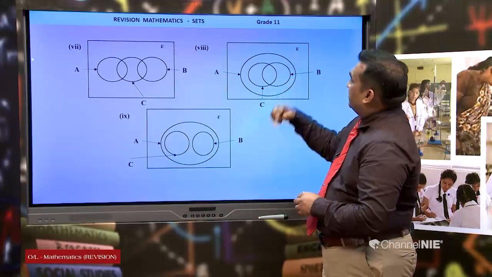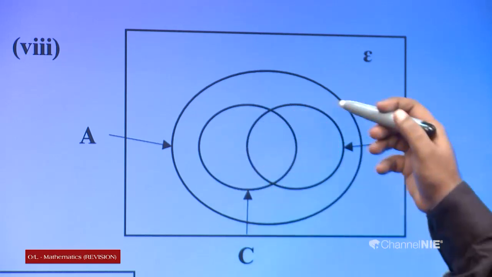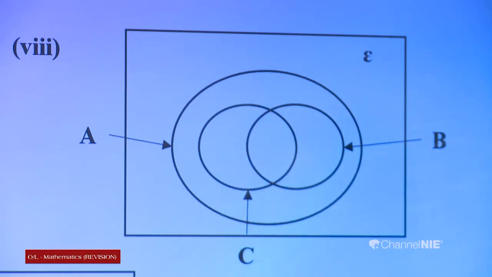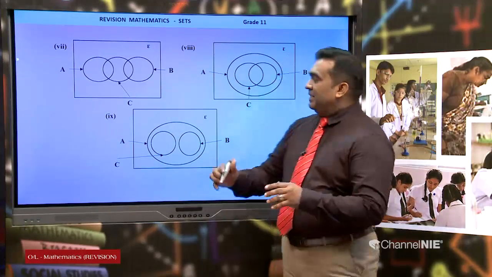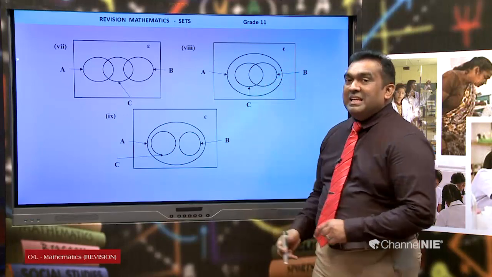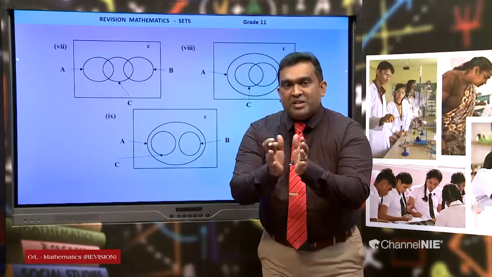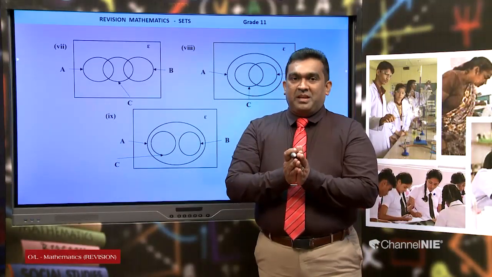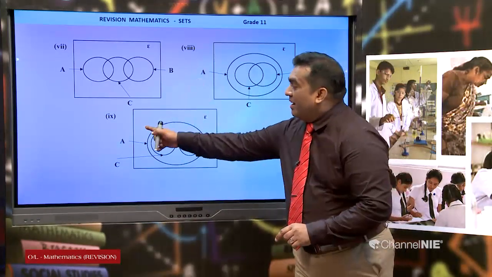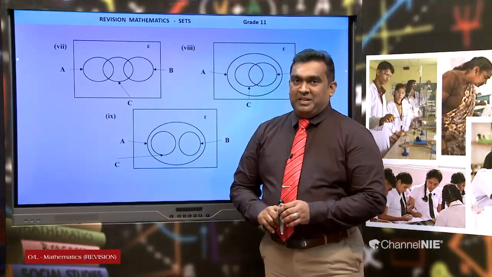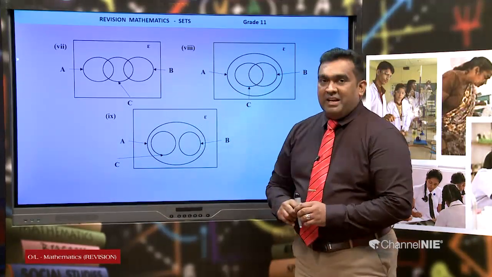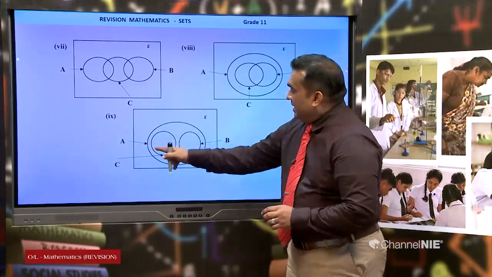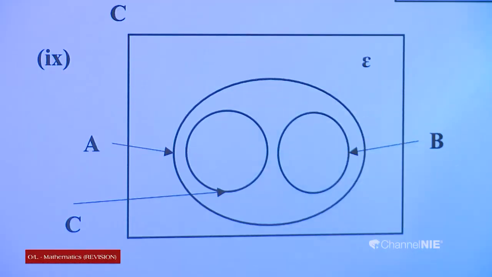Next one, there are two sets B and C, they are subsets of A. But if you consider sets B and C, there is a common region there. Right, here you can see the ninth one, completely different. In 8 and 9, sets B and C are disjoint sets.